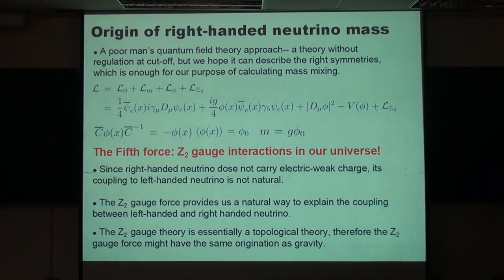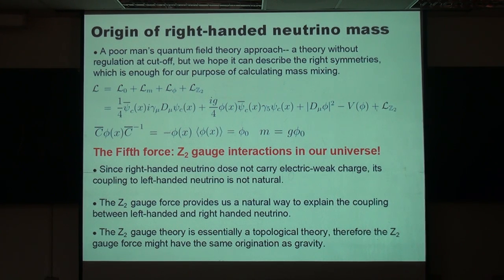Okay, and I also have a couple of comments on this potential fundamental Z2 gauge field. First, since the right-handed neutrino does not carry electroweak charge, its coupling to the left-handed neutrino is not natural. It's another fine-tuning, because in a classical picture the coupling must be induced by some interaction. If there's no interaction, it's completely unnatural to have the coupling.